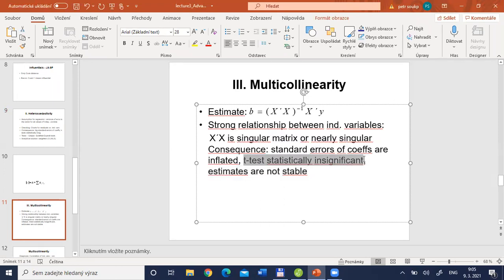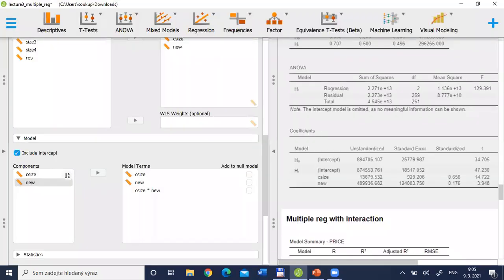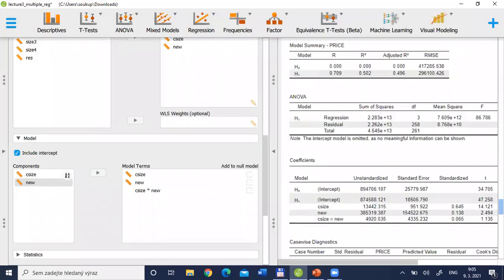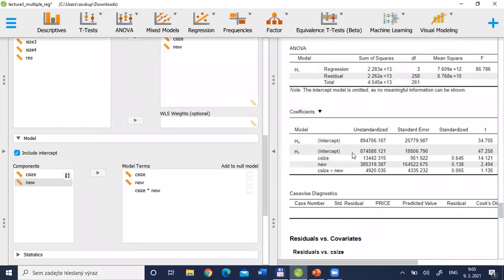The t-test would be statistically insignificant, and maybe an even bigger problem for multicollinearity is that estimates of individual coefficients, so the values in this first column, can be biased. Sometimes they can even be totally reversed, so from positive to negative values or vice versa.